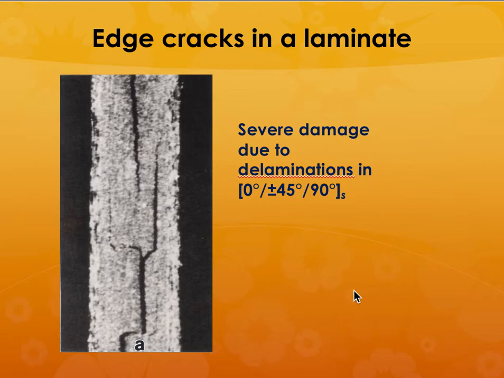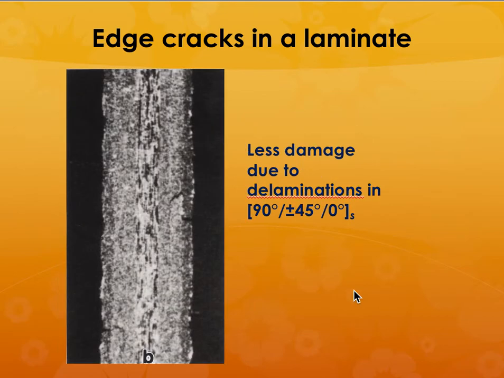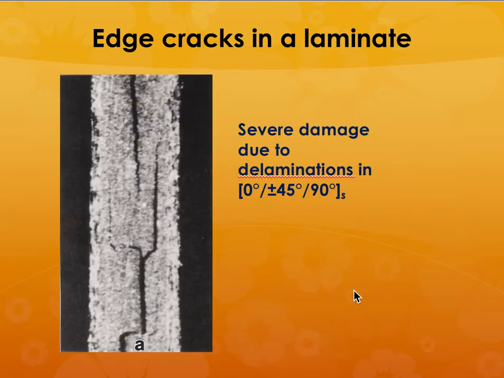You can also have, especially with some kind of low velocity impact, edge cracks in a laminate. And there could be severe damage due to those delaminations in this kind of composite material. If you have the 0/plus minus 45/90 degrees symmetric layup, you can have more delaminations.